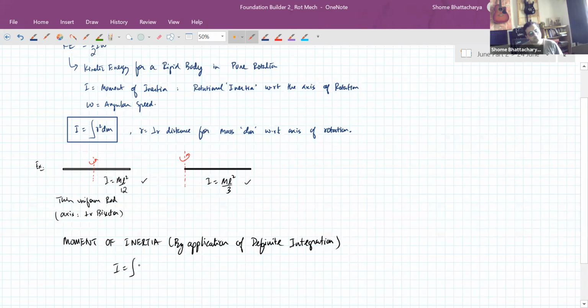the guidelines that dm can be taken as a length element, it can be taken as a surface element, it can be taken as a volume element, depending on whether the distribution of mass is linear, or two-dimensional over a surface, or over a three-dimensional volume.